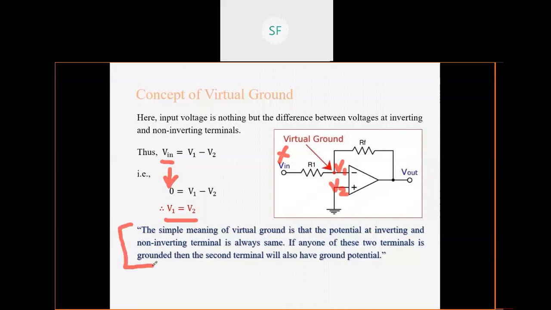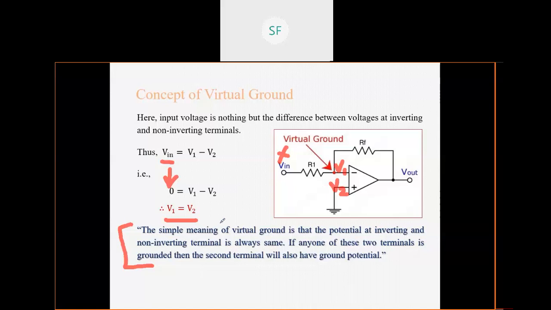What is the concept of virtual ground? The simple meaning of virtual ground is that the potential at the inverting and non-inverting terminals is always the same. Just remember this point throughout the chapter: the potential at the inverting and non-inverting terminals will always be the same.